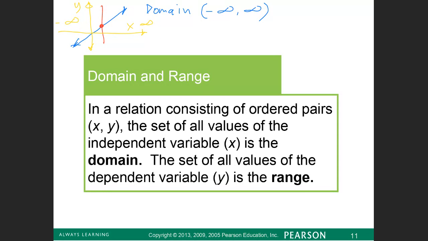So range would be looking at your y. If you're looking at your y-axis, the graph occupies all those y values. So it means negative infinity for the smallest y at the bottom and positive infinity on the other side.